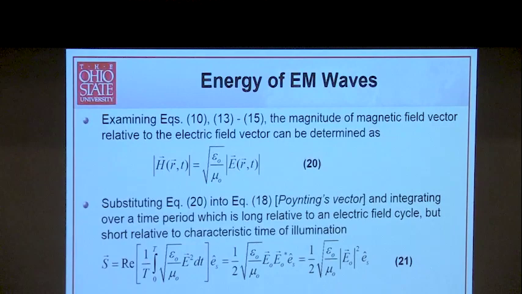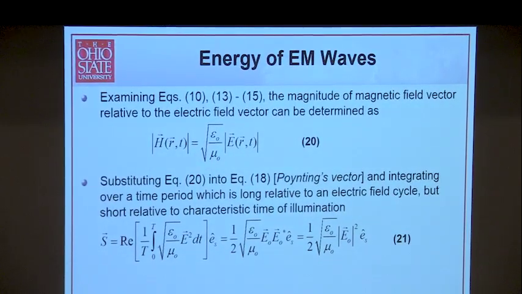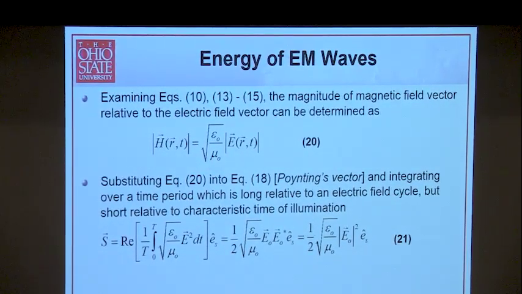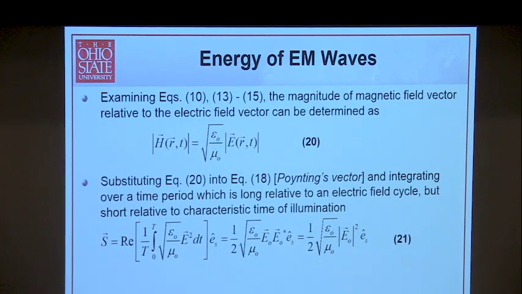Now, we can take this expression and put it back into the expression of Poynting's vector, E cross H. If we integrate over a time period that's long relative to the electric field cycle, but very short relative to a characteristic time of illumination, okay? So think about this: long compared to the cycle frequency of the EM wave, but very short compared to something we care about, right? Microseconds, nanoseconds even. If we do that, we end up with this expression here. And this relates the irradiance to the magnitude of the electric field.